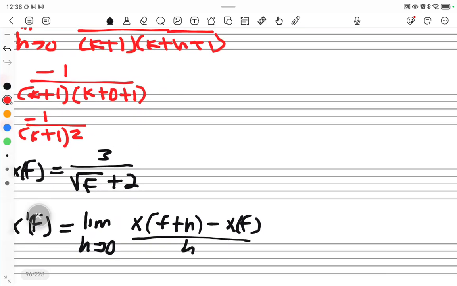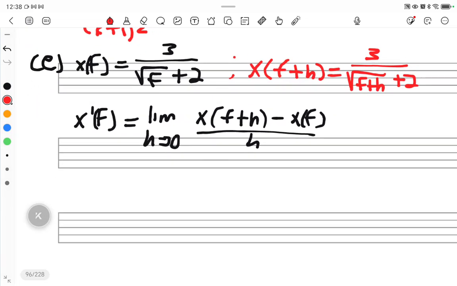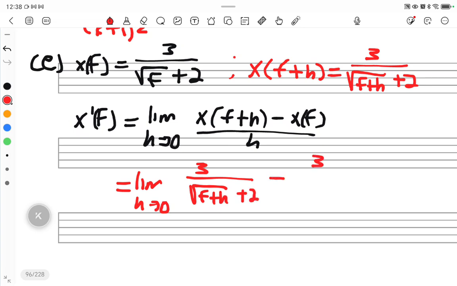And we know that we need x of f plus h, which should be 3 over the root of f plus h plus 2. Right, and this will be the limit as h approaches 0 of 3 over root of f plus h plus 2 minus 3 over root of f plus 2 all over h.